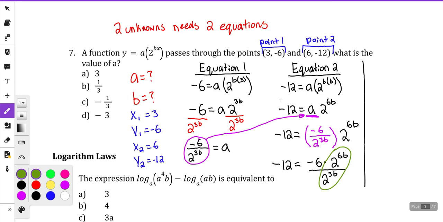So it now looks like this: negative 12 equals negative 6 times 2 to the power of 6b minus 3b, which is 3b. Subtract exponents. 6b, subtract away 3b, I'm left with just 3b.